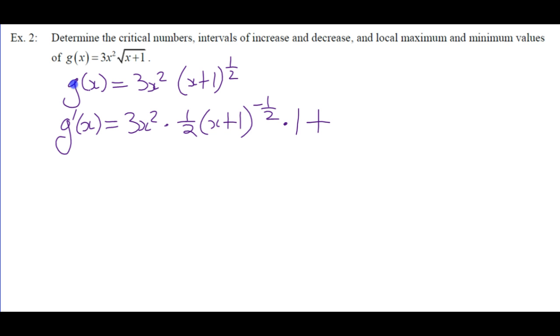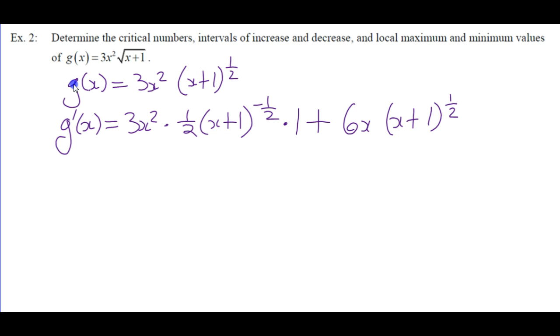Plus, so it's all there. If you always do it all the time, you're not going to forget to do it when you need to. Otherwise, because this was an x squared, that's going to be a 2x, and then all of a sudden it's not there. So show it. Times the derivative of 3x squared, so that's 6x, and the original expression, so the x plus 1 to the half.